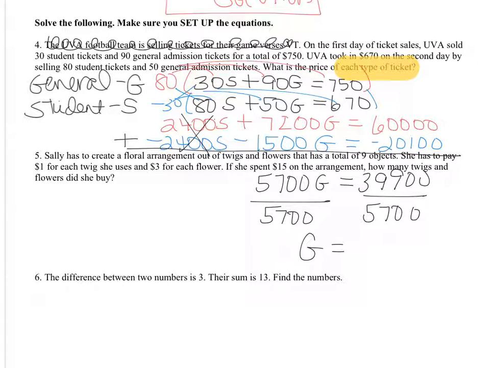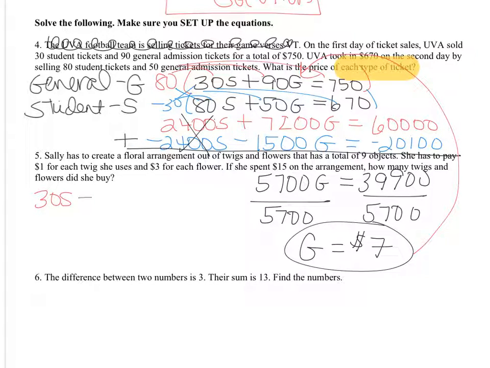My general admission tickets cost $7. So, how do I find my student tickets? I'm going to take my answer and plug it back in. So 30S plus 90 times 7 equals 750. 30S plus 630 equals 750.